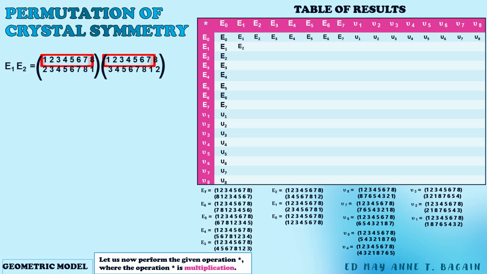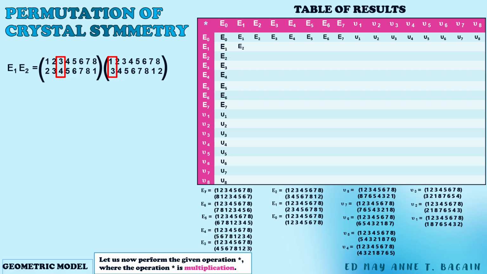We're looking at the 1 and 3. So looking at the right side of the equation, we'll be looking at the new or the original number of the result. So we have here 3 is the new 4. So the new one here now is 4.